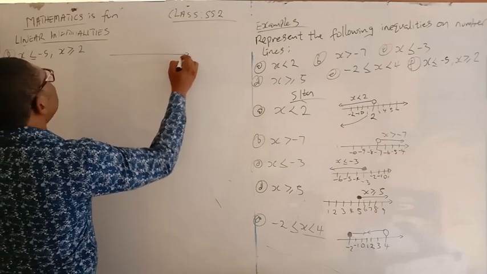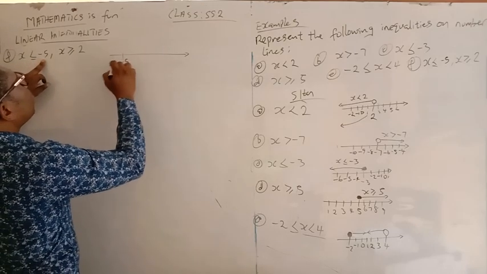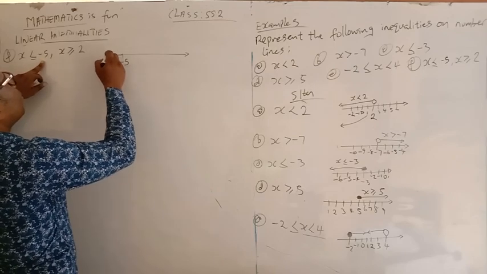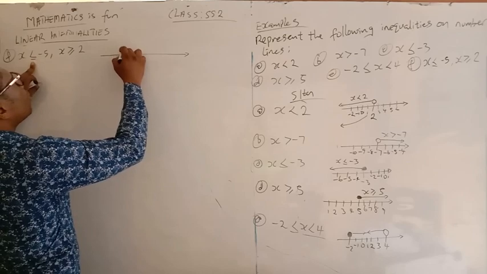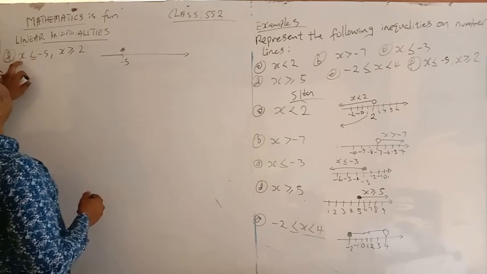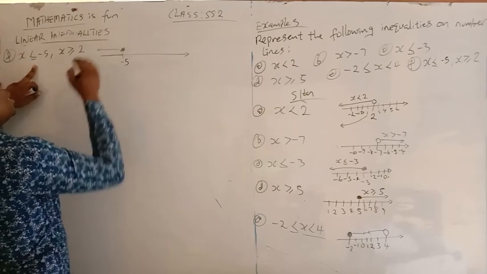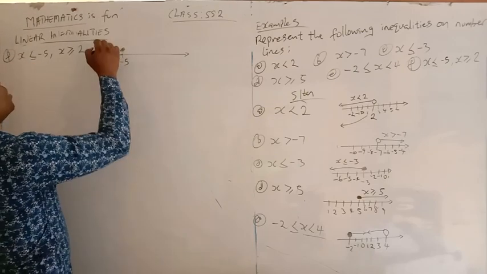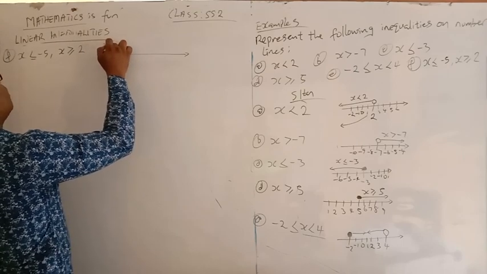If I say minus 5, let me put it here. Minus 5 and inclusion, and it says x less than. That shows I'm going to the left-hand side. This is x less than or equal to minus 5.